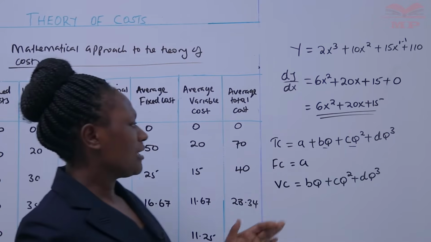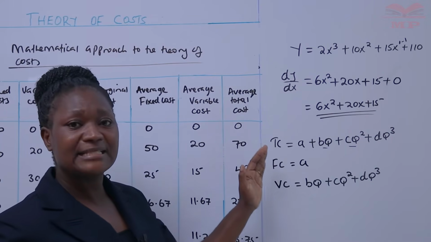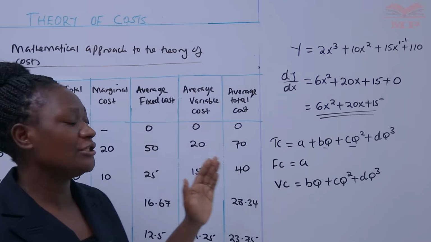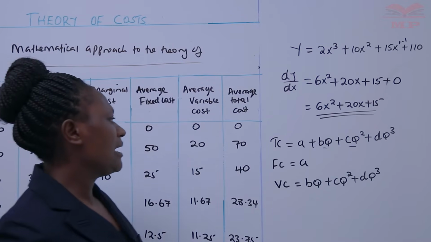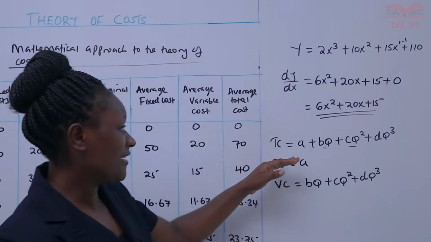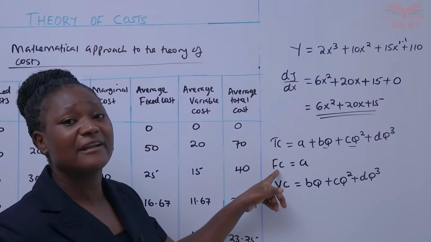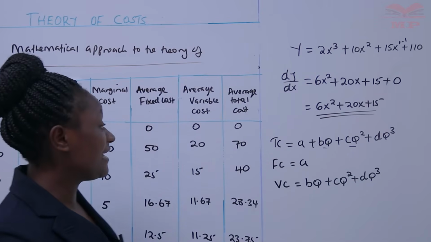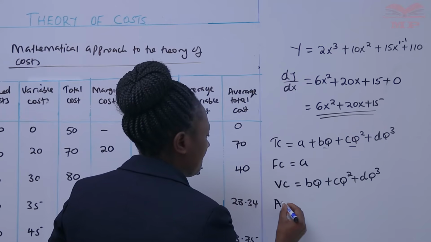And then sometimes you can also be told to calculate the average total cost. Before I come to average total cost, we'll be told to calculate the average fixed cost. How do we calculate the average fixed cost?